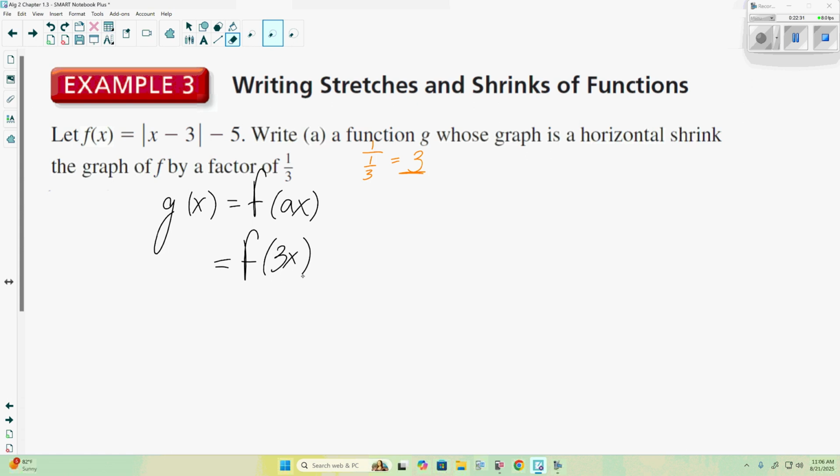I dislike the fact that the book uses A in the definition twice. The general form is y equals f of ax, and then it says A is equal to 1 over. We've got to flip it. But do we understand how we got the value for A and how we set it up so far? Yes.